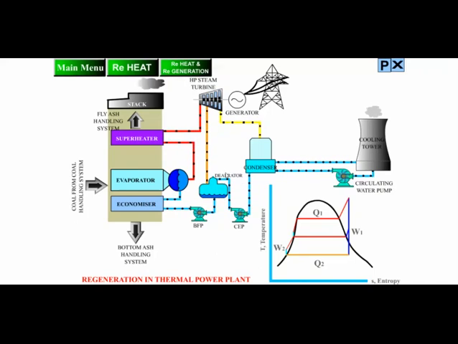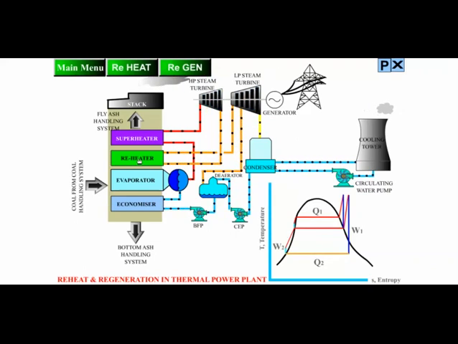For heating in deaerator, extraction comes from turbine, and like this cycle completes. So these diagrams are just a tentative representation. Already in detail we had discussed in earlier discussion. This is reheat and regeneration cycle.